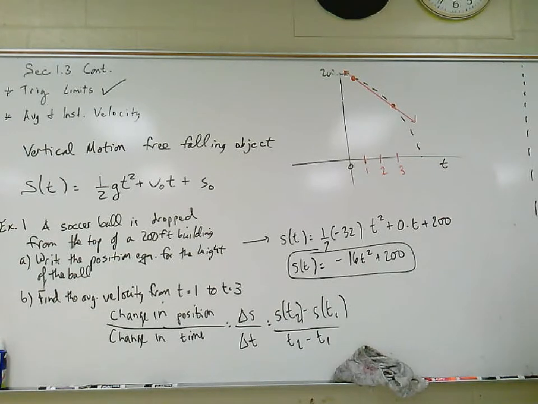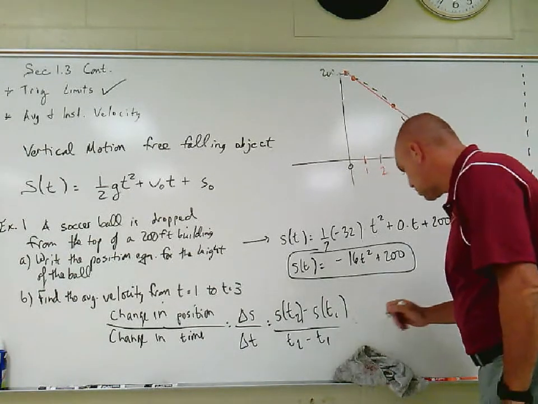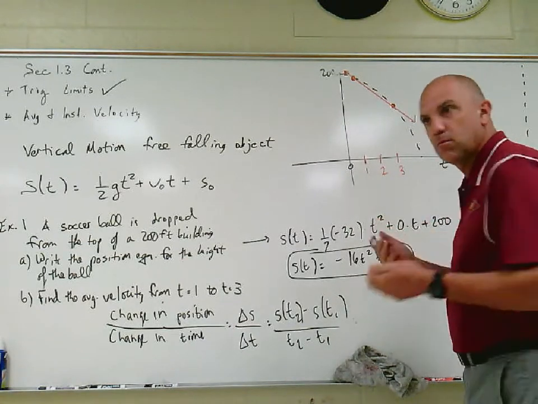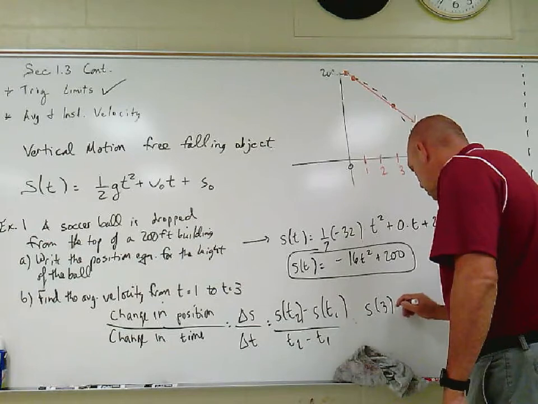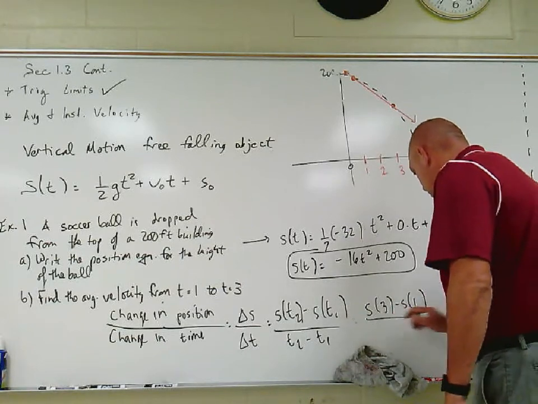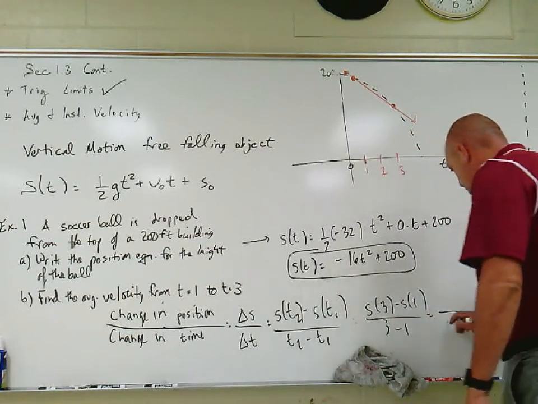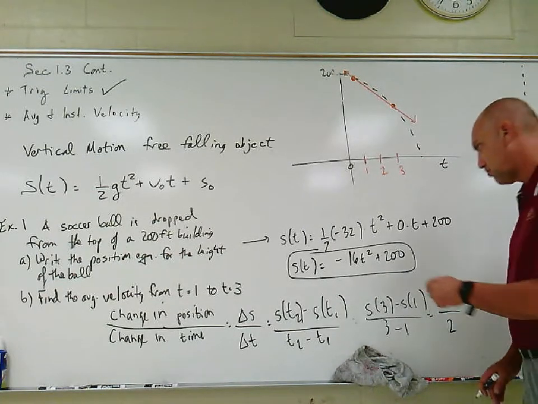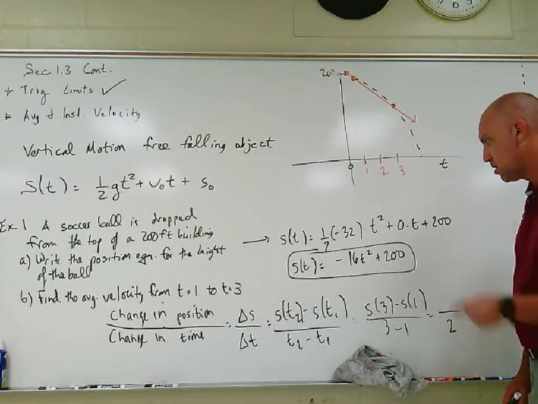Okay, so I'm going to go ahead and sub in. What's my time 2? What's the second time? 3. We're doing S of 3 minus S of 1 over 3 minus 1. So we know at the end we're dividing by 2 seconds. So the time interval is 2 seconds. S of 3, what did you get when you plug these in?